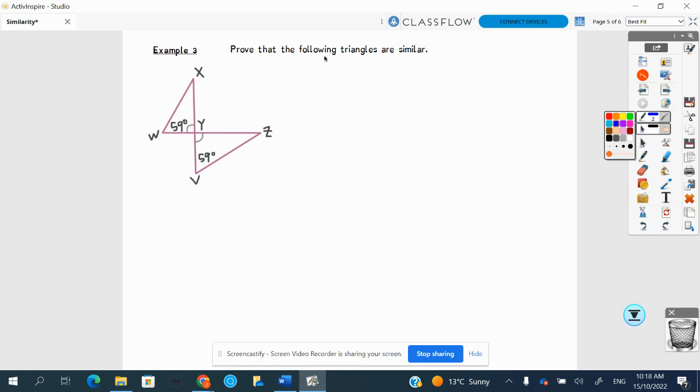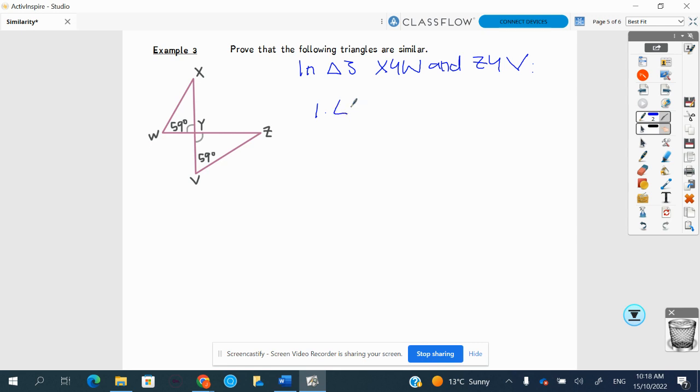So in triangles XYW and ZYXV, first statement, these two angles are clearly the same.